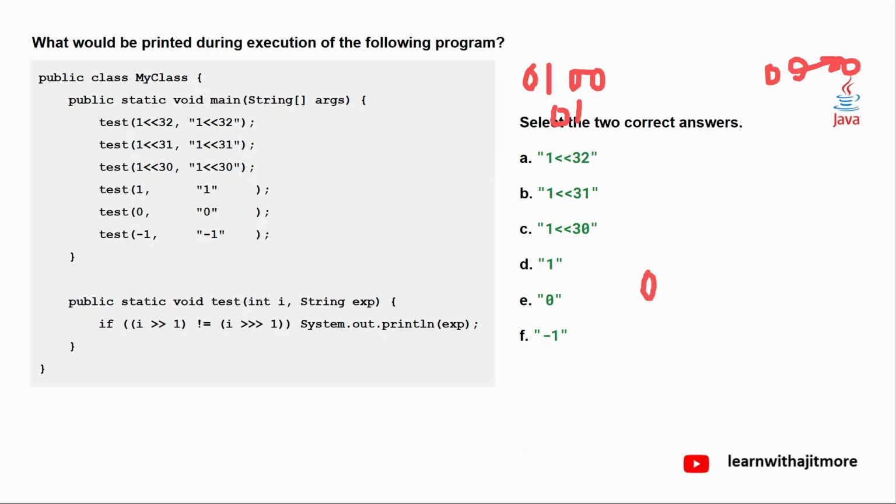You tell me, if this is my number 0, 1, 1, 0, 0, 0, 1, 1. If I'm telling shifted by 2 greater, what does 2 greater do? It does shifting. And what does it keep in the MSB? Whatever the last sign will be, it will keep it as it is.